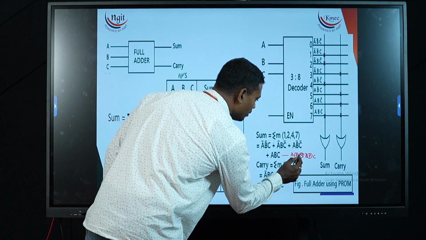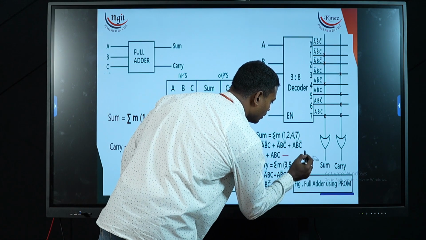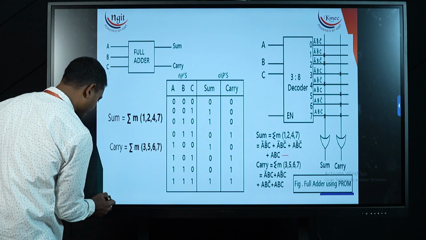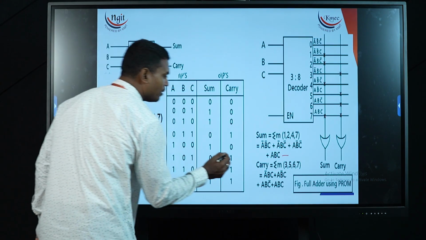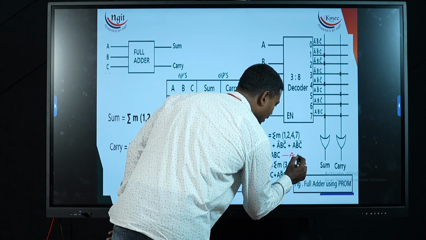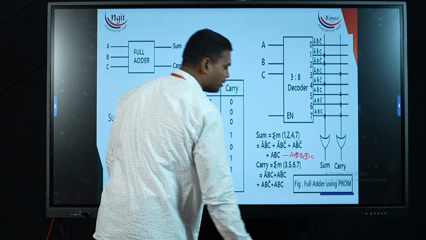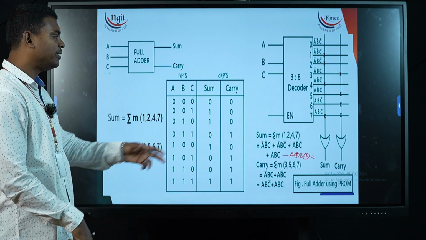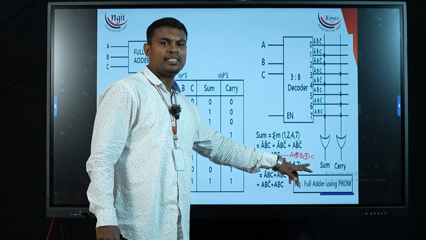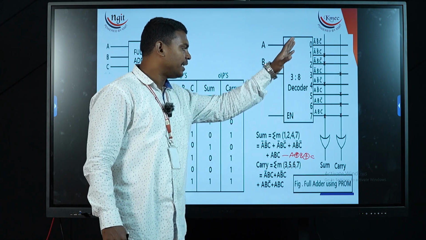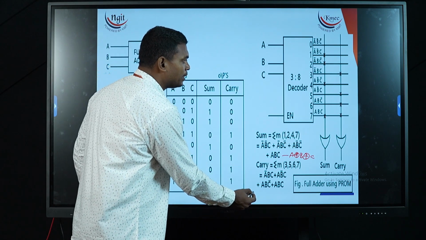This can be written as A exclusive-OR B exclusive-OR C. When we simplify it, we get this expression, but we are not going to utilize it here. We are going to put the minterms directly, for the sum expression and the carry expression.